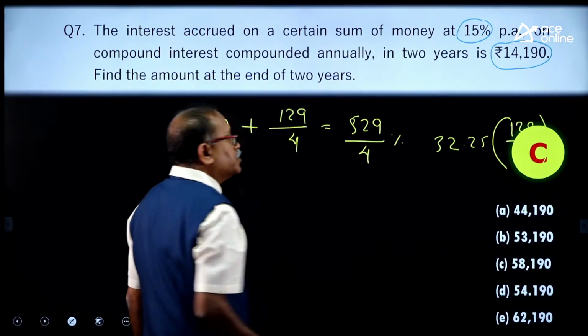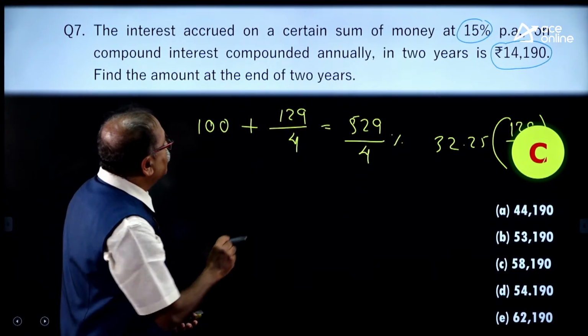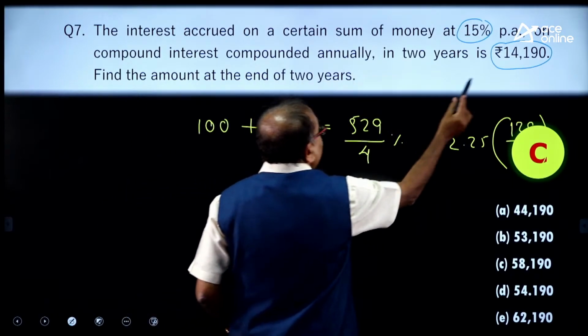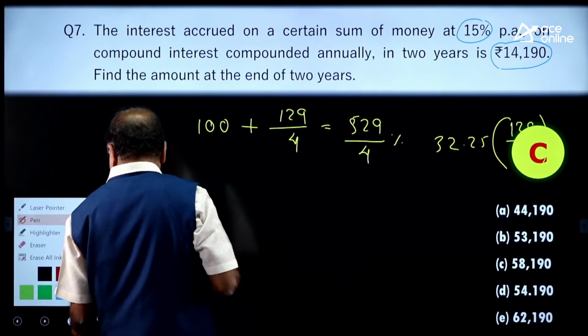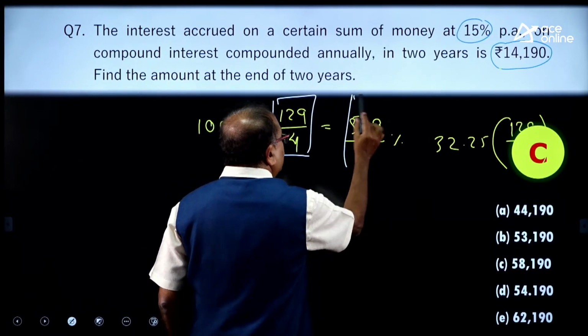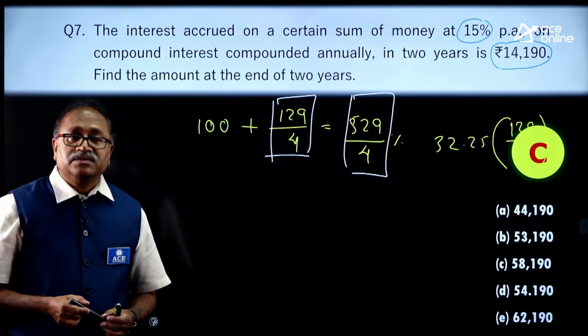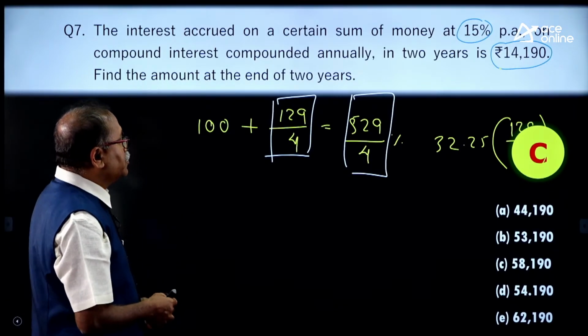This is your amount. Now, when I already know the interest, which is 12/9 by 4%, can't I find out 52/9 by 4%? Yes, my dear friends, we can find it out.